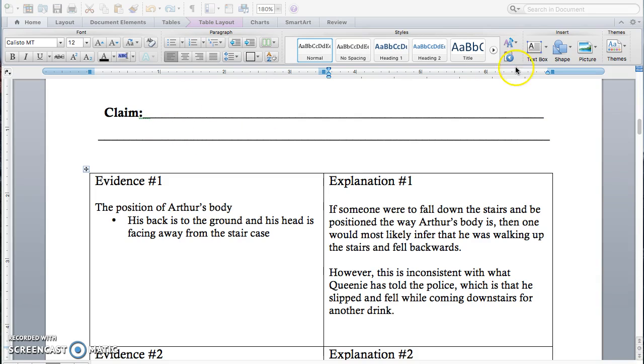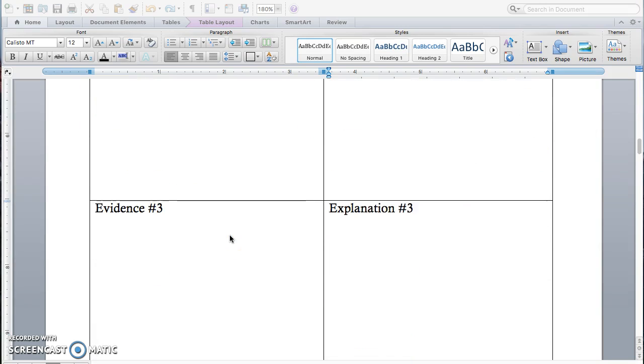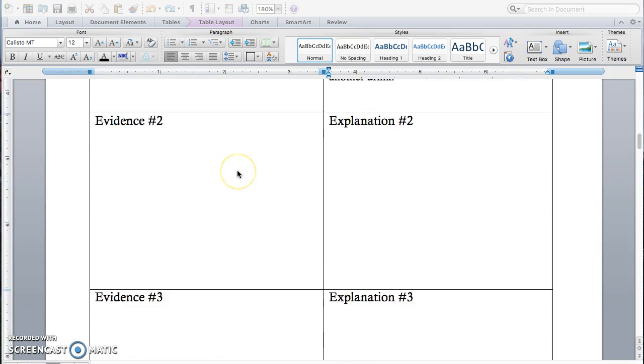That's where you're going to be putting Queenie Volupides is or is not guilty for the death of her husband, Arthur, because, and then you'll list your 3 reasons based on the sources of evidence. So you'll input your information there.